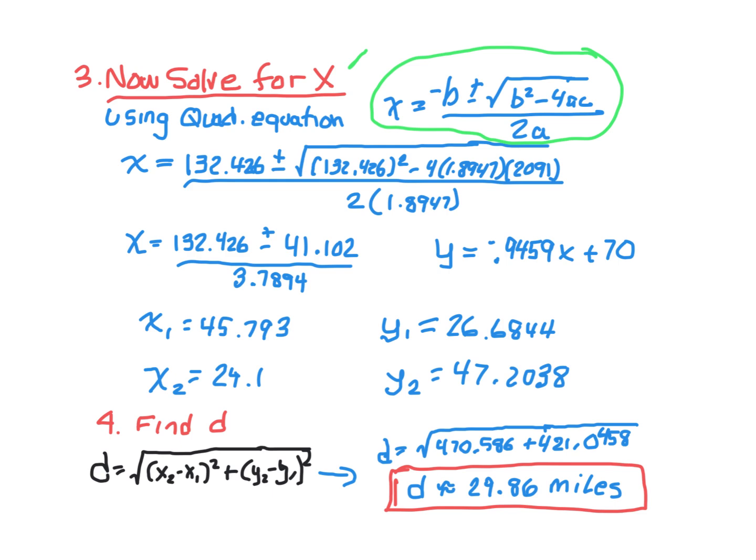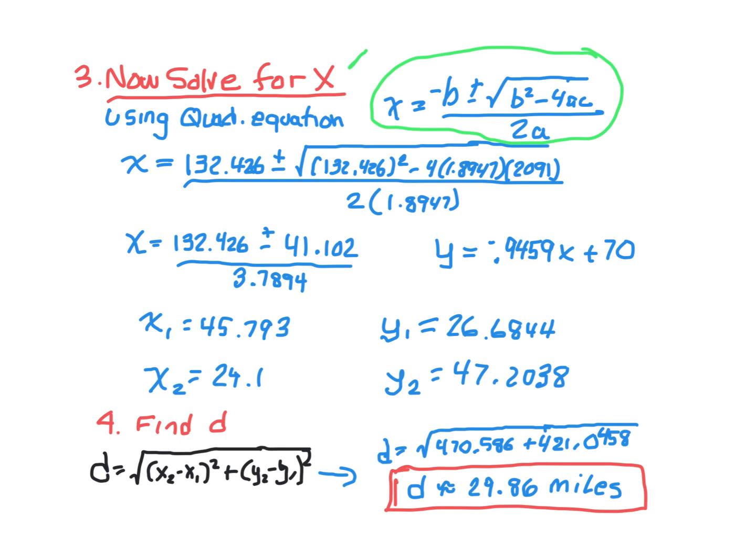So in this case, the b of the quadratic equation is negative 132.426. We're going to use a positive because a negative times a negative is a positive.